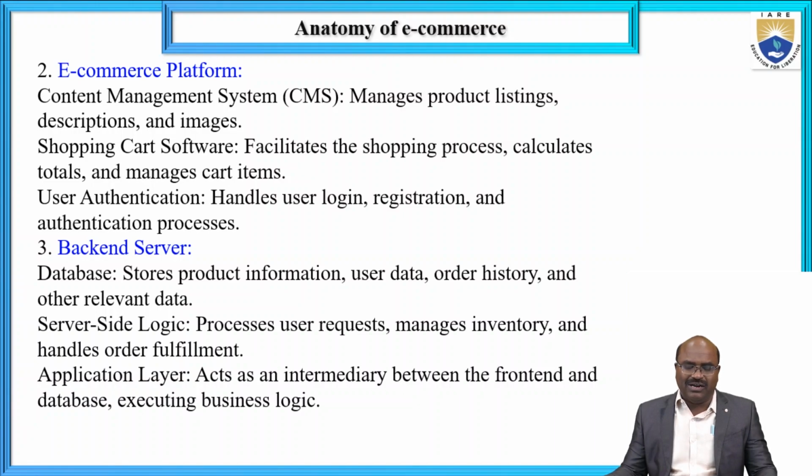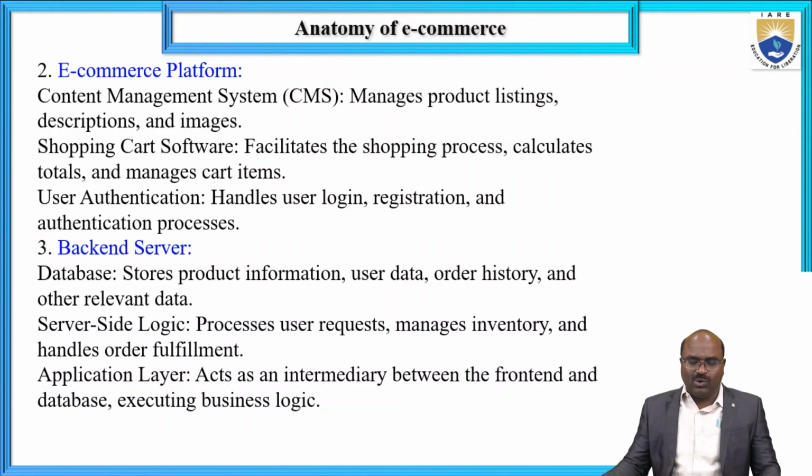One of the important layers is the application layer. The application layer is the topmost layer of the OSI layers, acting as an intermediary between the front end and database, including business logic. This is also one of the important aspects.